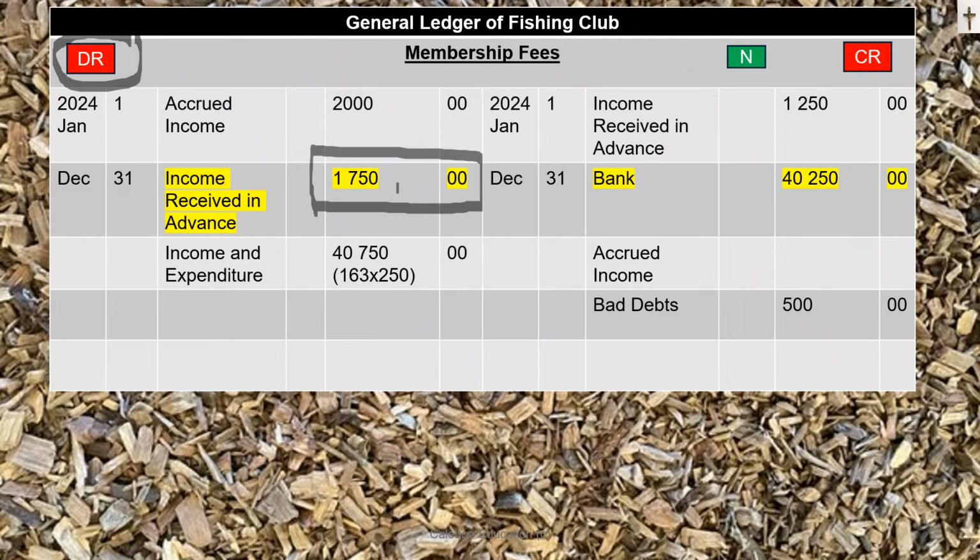So it can't be in the current year. It's income received in advance. I have to debit membership fees. The bank amount comes to 40,250, which consists of, and in your exam, I want you to write the years.